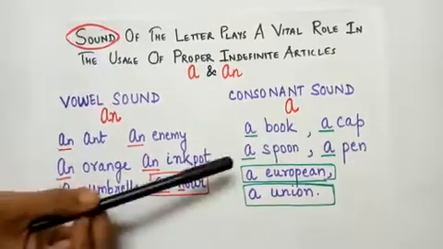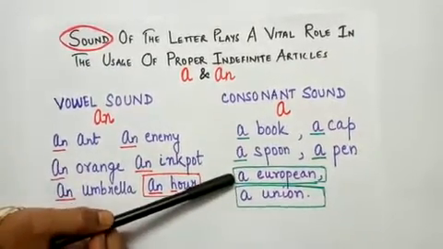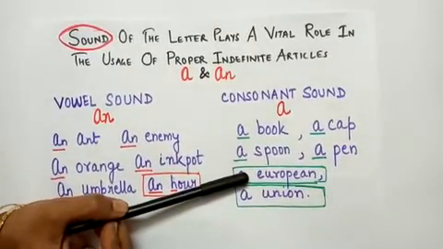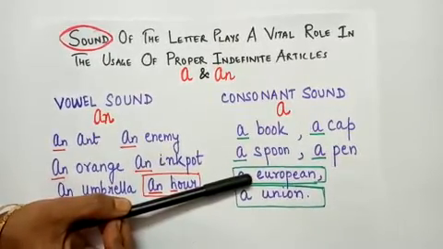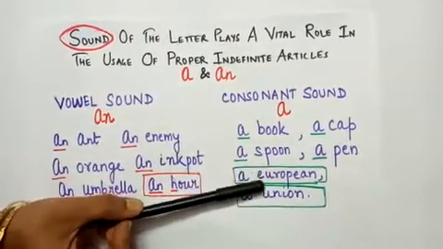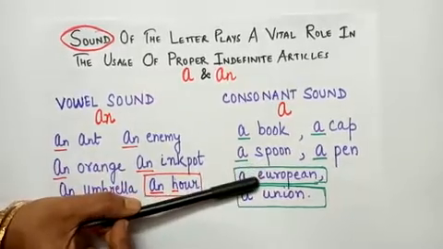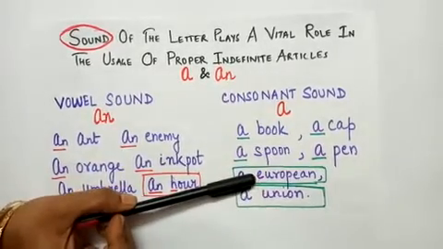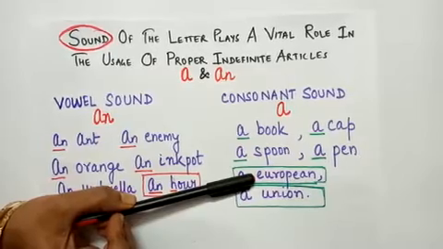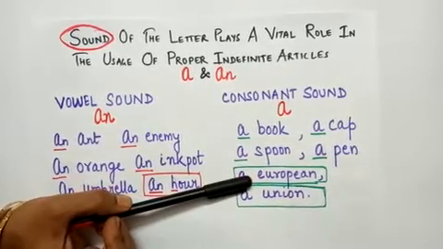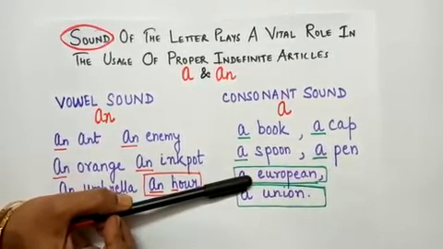So here again, in European, the sound of E is not heard; rather, it has become a consonant word. Why? Because the sound which we hear is 'you', not the sound of E.